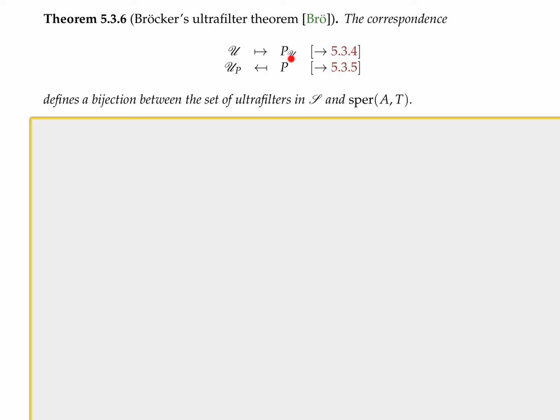That was just the prime cone of all polynomials that are non-negative on one of the filter sets, or you could equivalently say whose non-negativity set is in the ultrafilter. And on the other hand, I take a prime cone containing T, so I take an element of the real spectrum of A_T, and I map it to this U_P just defined. This defines a bijection between the set of ultrafilters in S and the real spectrum of A_T, right?